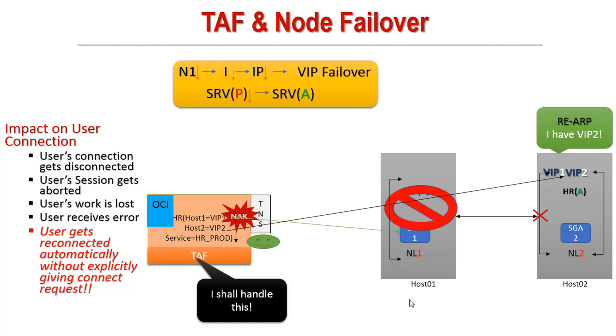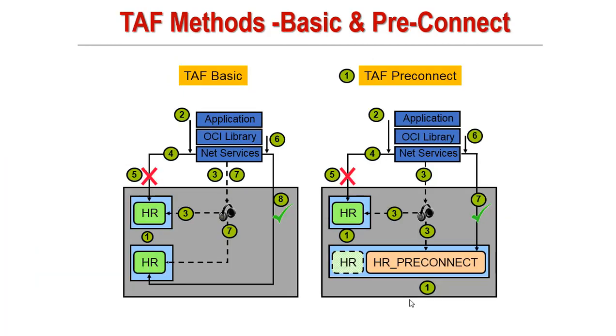But is TAF actually enough? The answer is not really, because TAF is based upon timeout. That means there are going to be multiple tries made by the session before it understands that the particular database or instance it wants to connect to is not available.